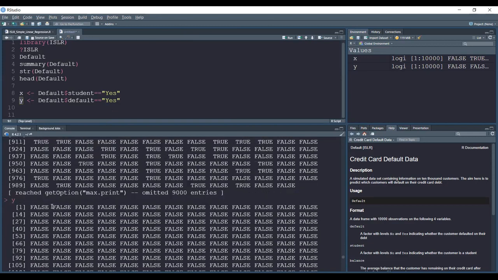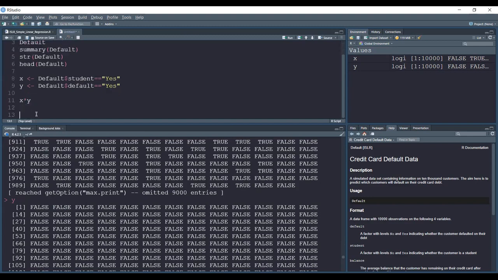And over here, the second student did not default. If you want to know which of the observations are both a student and a defaulter, you can do X times Y. It kind of works out like AND.